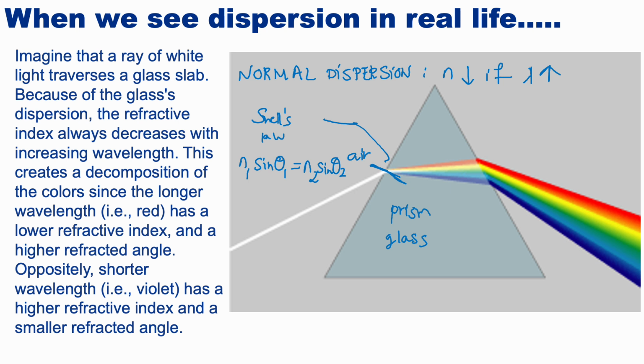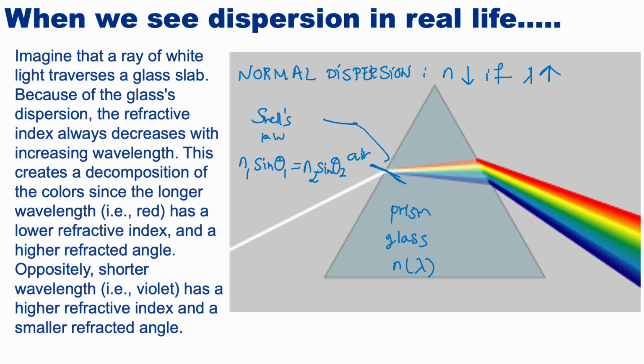But we know that the refractive index changes with the wavelength, right? And if the glass represents normal dispersion, which it does, the refractive index is going to be less when we increase the wavelength.